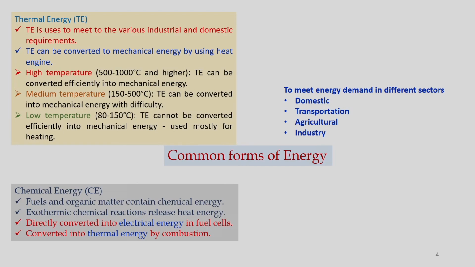There are different kinds of fuel cells which can convert chemical energy to electrical energy directly, maybe PEM fuel cell, proton exchange membrane fuel cell, maybe solid oxide fuel cell. There are many kinds of fuel cells which operate at different temperatures. Also, we can convert chemical energy to thermal energy by using the combustion route.